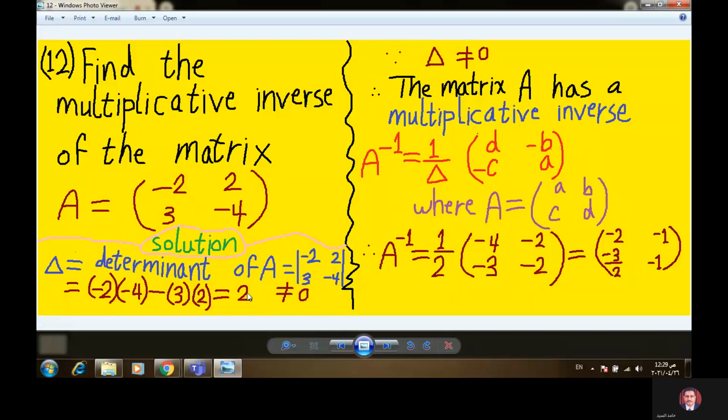Notice that 2, the value of the determinant, put it in the denominator according to the rule. Put 2 here.